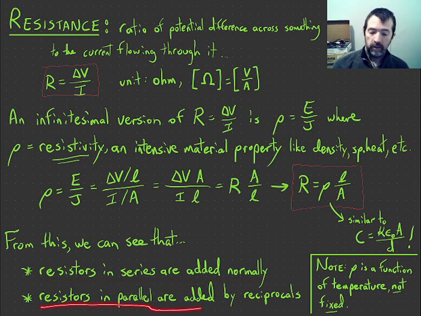Resistors in parallel are added by reciprocals, whereas capacitors in parallel were added normally. The reason for these differences is basically the location of the A versus the location of the L or the D.